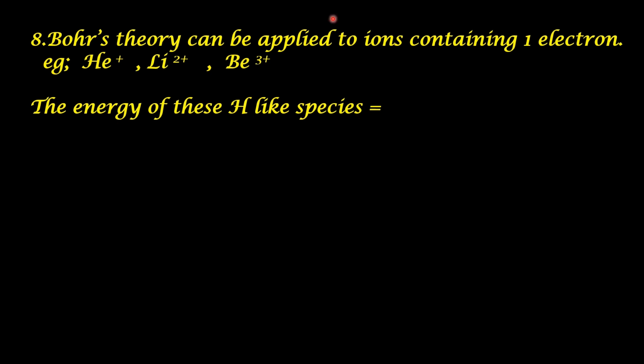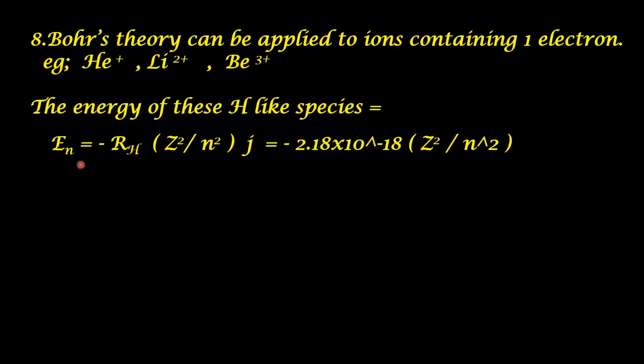Energy of the orbit En is equal to negative RH Z square by n square joules, where Z is the atomic number of the species, equal to negative 2.18 into 10 raised to minus 18 into Z square by n raised to 2.